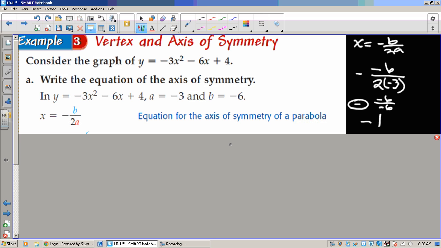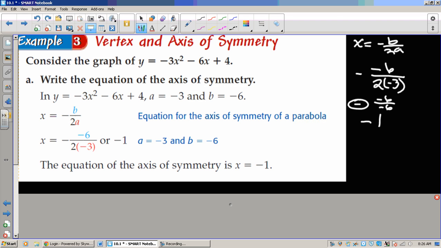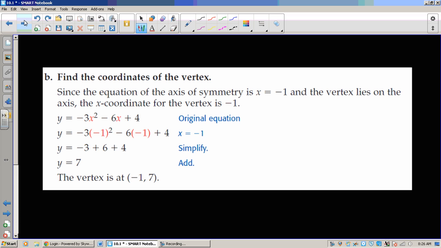Again, in the book it'll go through this equation and show it to you. Soon you'll be working on your own. The second thing we can do with our graph is find the coordinates. Since the axis of symmetry is x equals negative 1, and the vertex lies on the axis, the x-coordinate for the vertex is negative 1.